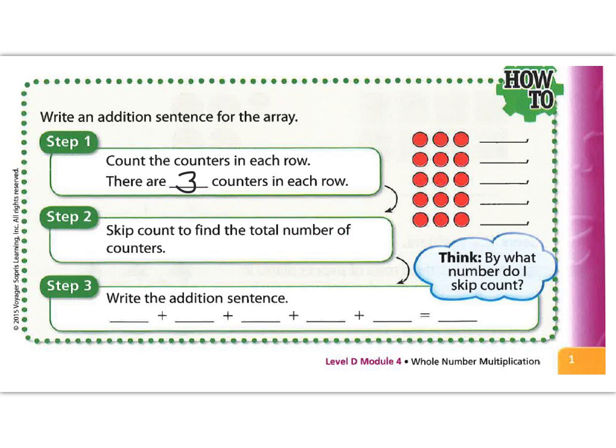So if we start skip counting, we have 3, and then another 3 is 6, another 3 is 9, another 3 is 12, another 3 is 15. So we would write that as an addition sentence down here. 3 plus 3 plus 3 plus 3 plus 3 is 15. So you're skip counting by 3s over here to get to the answer.